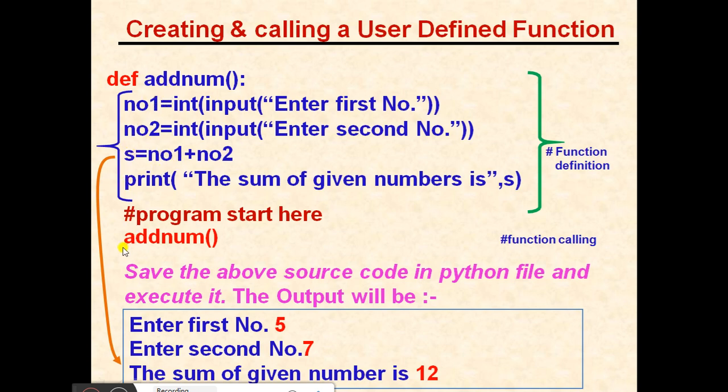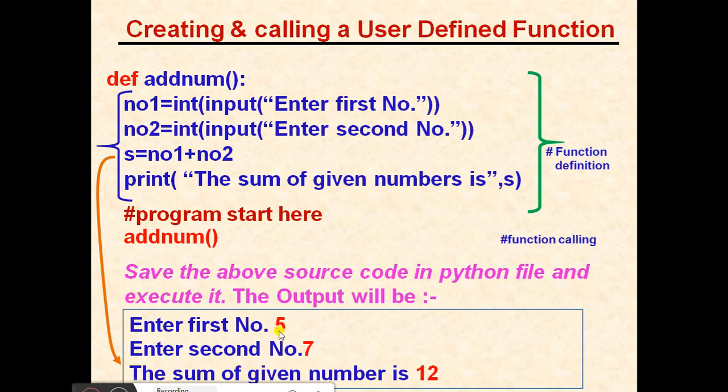Now, when you write the instruction add num, simply the name of the function, and save the program and execute it, you will get the output like this. You get a message, enter first number, as per the instruction given here. That message is displayed and waits for a number to be entered.